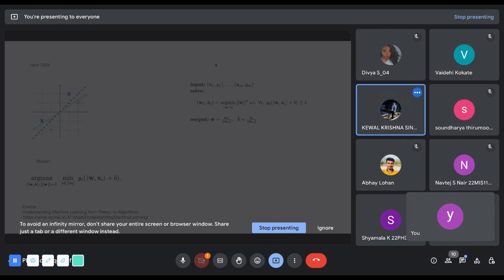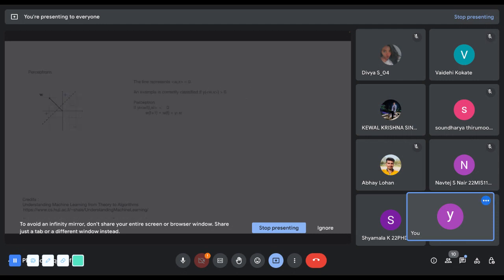So why W transpose x greater than zero is a positive example: you can consider this as a motivating example. W transpose x is positive if your W direction and x make an acute angle, less than 90 degrees.